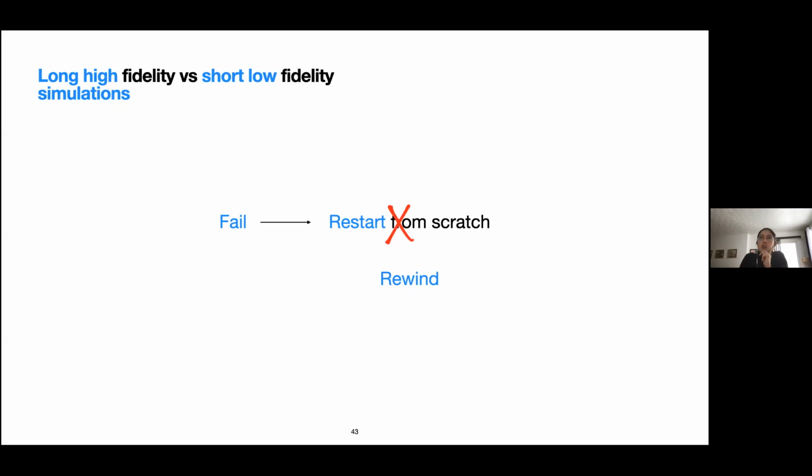One technique that I want to introduce is the rewind procedure. I said that every time one of your projective measurements fails, so that you don't collapse into the ground state of your instantaneous Hamiltonian, you need to restart from scratch. The rewind procedure allows you to go back and forth, so you don't have to restart your entire algorithm.